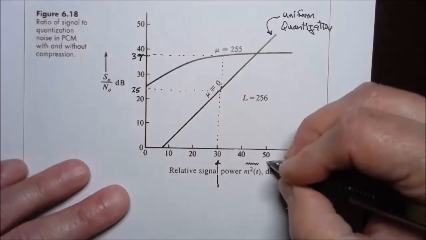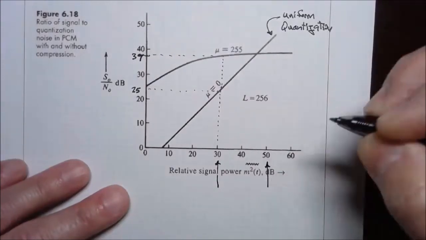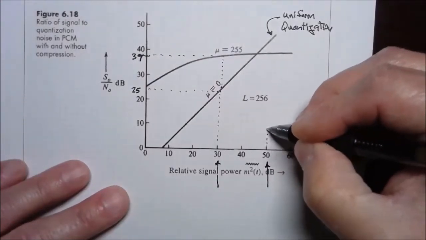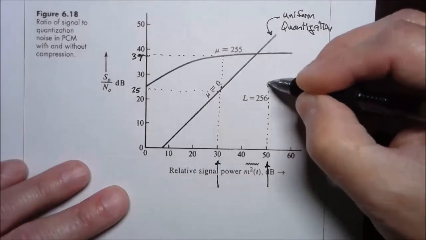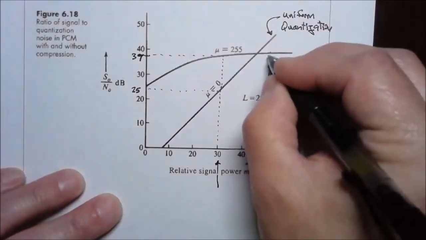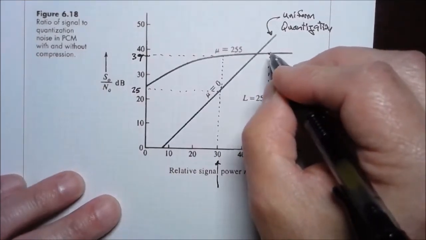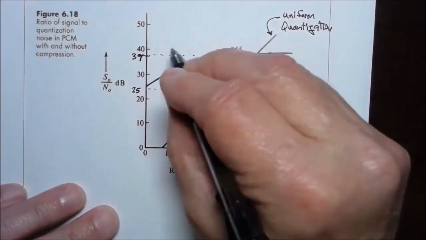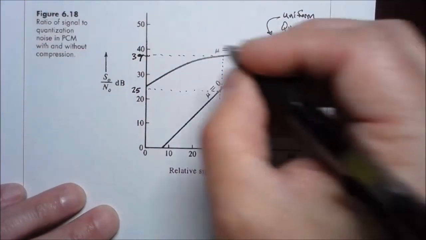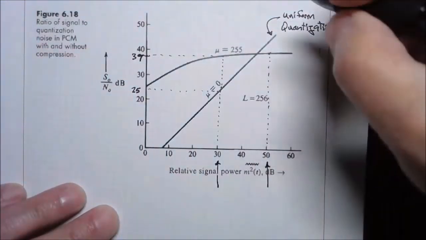Let's say we consider a more powerful message signal, 50 decibels in this case. If we look at the signal compressed with the mu law compressor, we get about 40 decibels signal to noise.